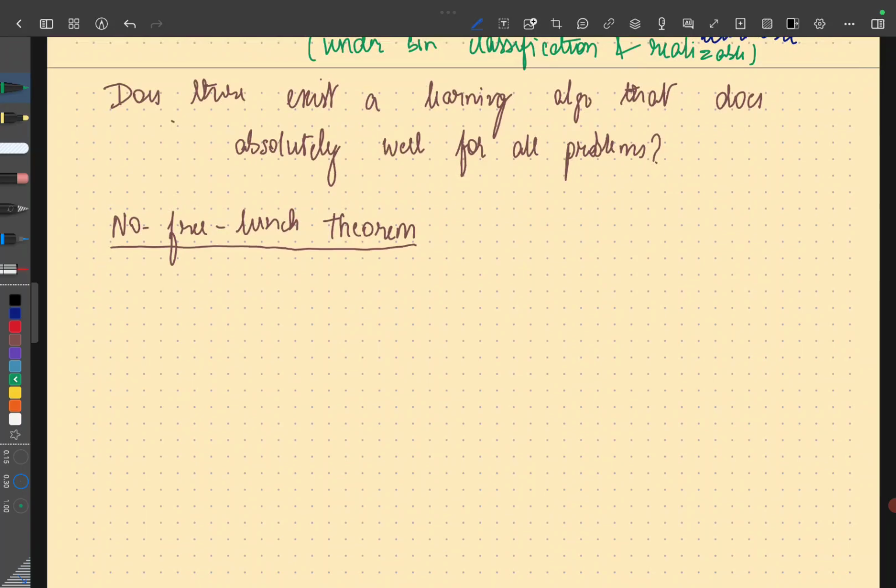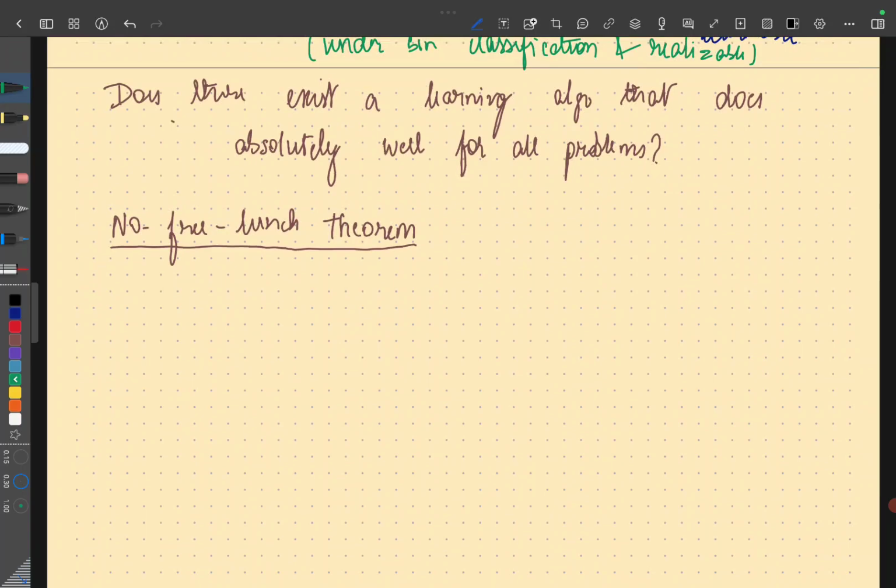Because in principle, you could just choose your hypothesis class to be the set of all possible functions. What's stopping you from doing that? Nothing. So is it possible to design a learning algorithm that achieves an arbitrarily small excess risk? The answer turns out to be no. If you don't have enough samples, then it's impossible to achieve an arbitrarily small excess risk.